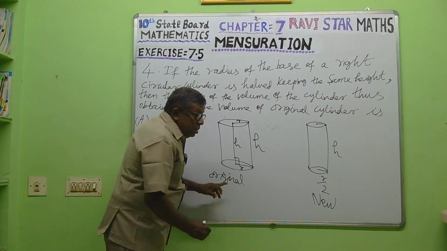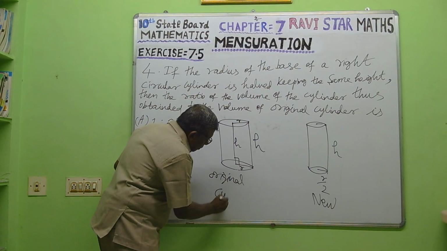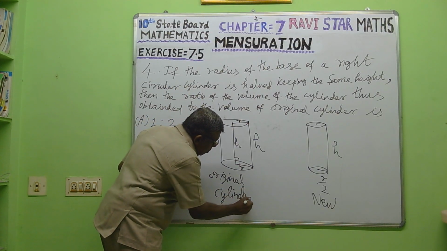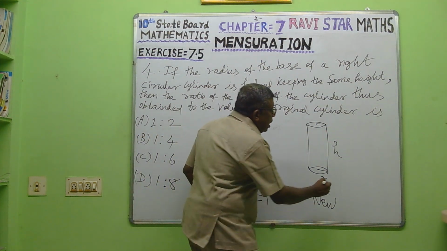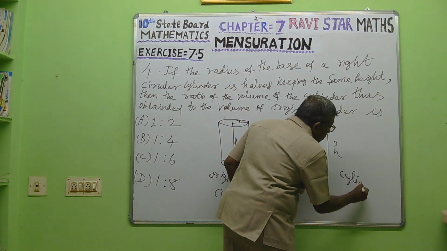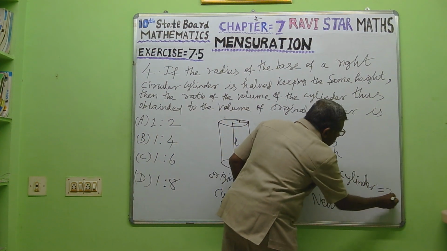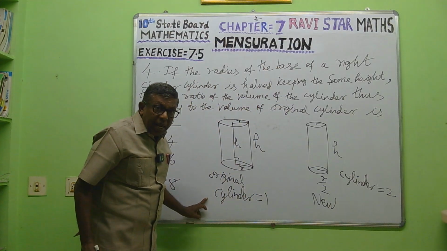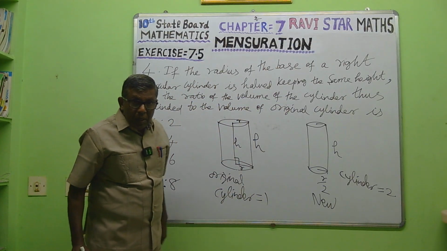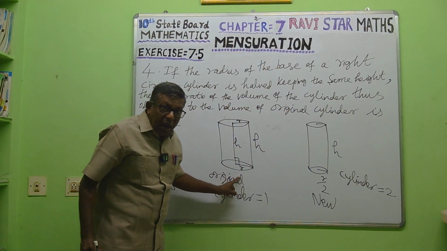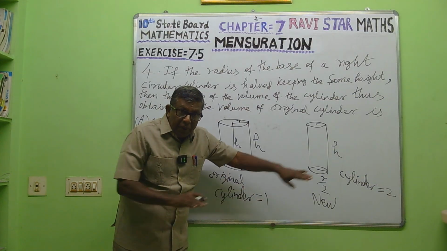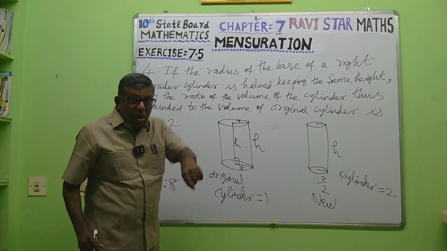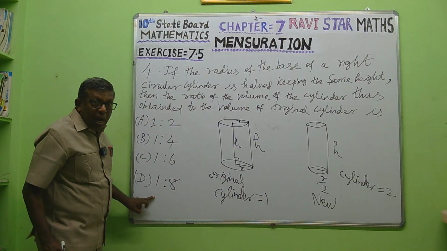This is cylinder number 1, this is cylinder number 2. This is original cylinder. It is new cylinder. என்ன வித்தியாசம்? இது ரேடியஸ் R, அது ரேடியஸ் வந்து அதுல பாதி R by 2. இப்போ ரேஷியோ கண்டுபிடிக்கணும். இந்த ரேஷியோ தான் இங்க கொடுத்திருக்காங்க ஆன்சர்.